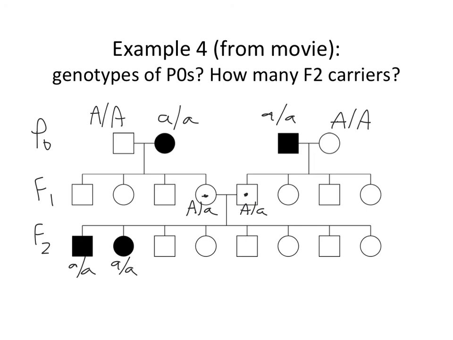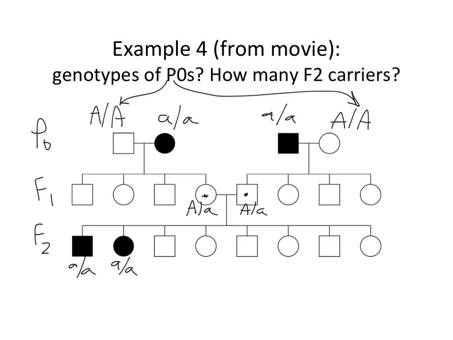We have no disease in the F1 generation at all. So it's more likely that the two unaffected parents are homozygous for big A. Now, does it prove it? They could both be carriers, and you could still see this pattern in the pedigree. There's a chance. Maybe a really small chance, but there's still a chance.